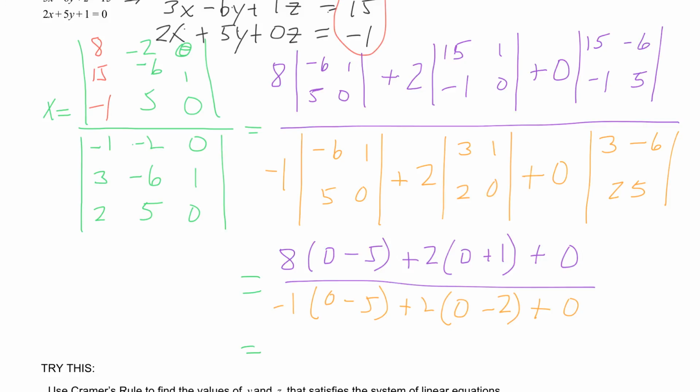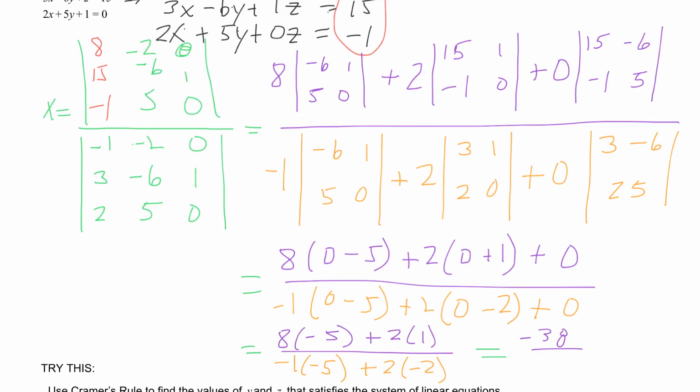So then I'm left with, on the top, 8 times negative 5 plus 2 times 1. And then in the denominator, I have negative 1 times negative 5 plus 2 times negative 2. And that's going to equal, on the top, negative 38 if I multiply and add that all up. And my denominator is going to equal positive 1. So all in all, I get an answer that x is going to be negative 38.